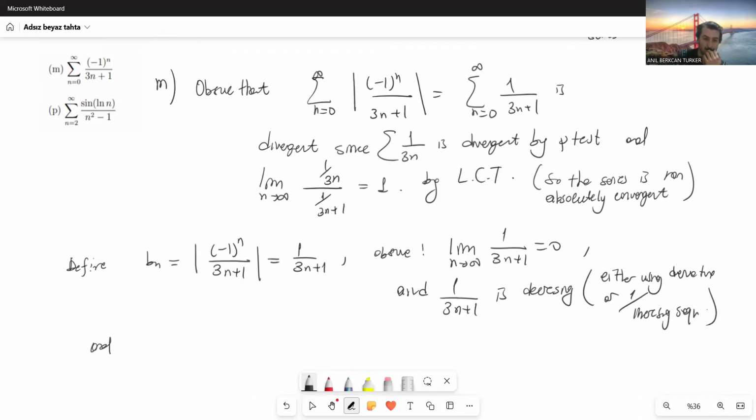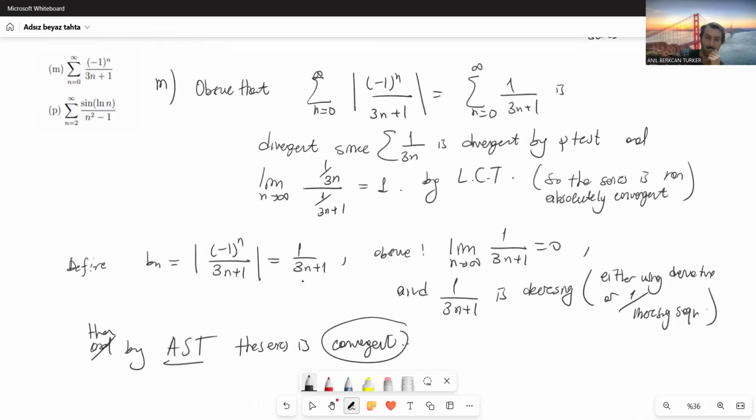By the alternating series test, the series is convergent. So this positive absolute value part of the general term is decreasing with limit zero, so by the alternating series test, it is convergent.